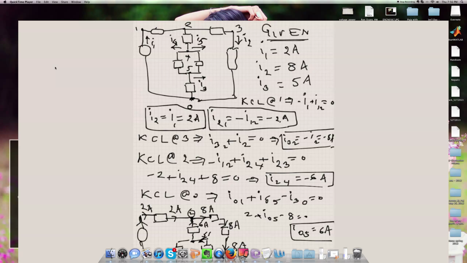And I4 is coming this way, minus 1, so it's a 1 amp. So 5 amp is going here, 1 amp is here, and then up here from the 0, we have the 6 coming. Notice that 2 has to go this way, 8 is coming all in all, so 6 will go up here. That 6 is split 5 amp here, 1 amp here, and combines here to make 6, and the 2 is flowing in this direction. 2 and 6 add up to give you 8.